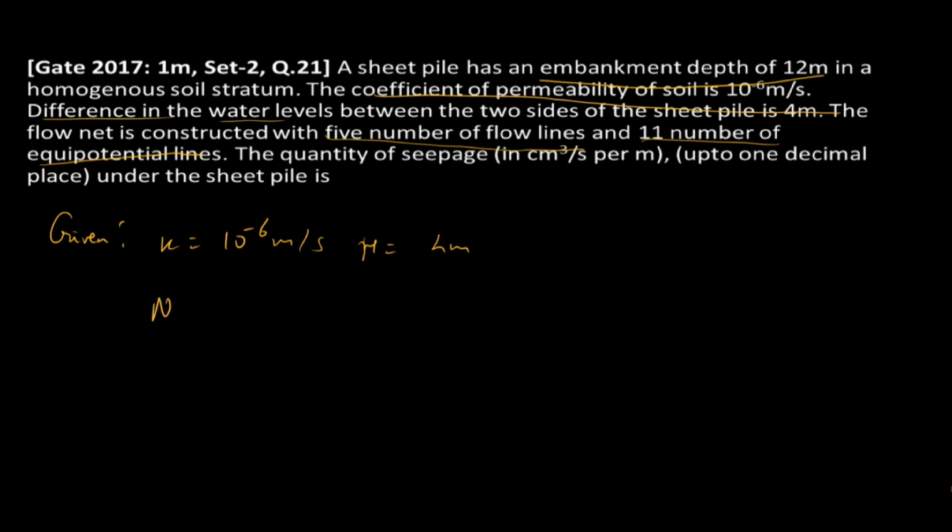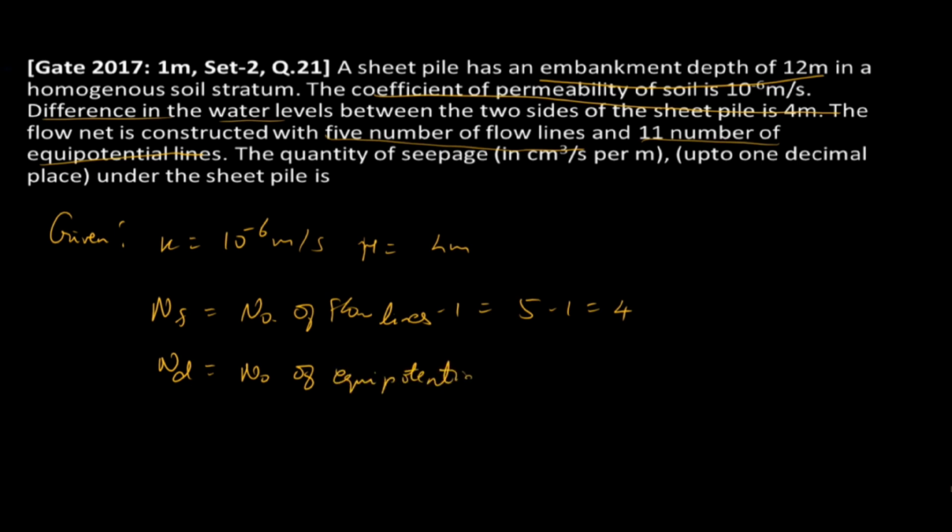So flow channels NF will be equal to number of flow lines minus 1, that is 5 minus 1, that is 4. And ND, equipotential drops, will be equal to number of equipotential lines minus 1, that is 11 minus 1, which will be equal to 10.